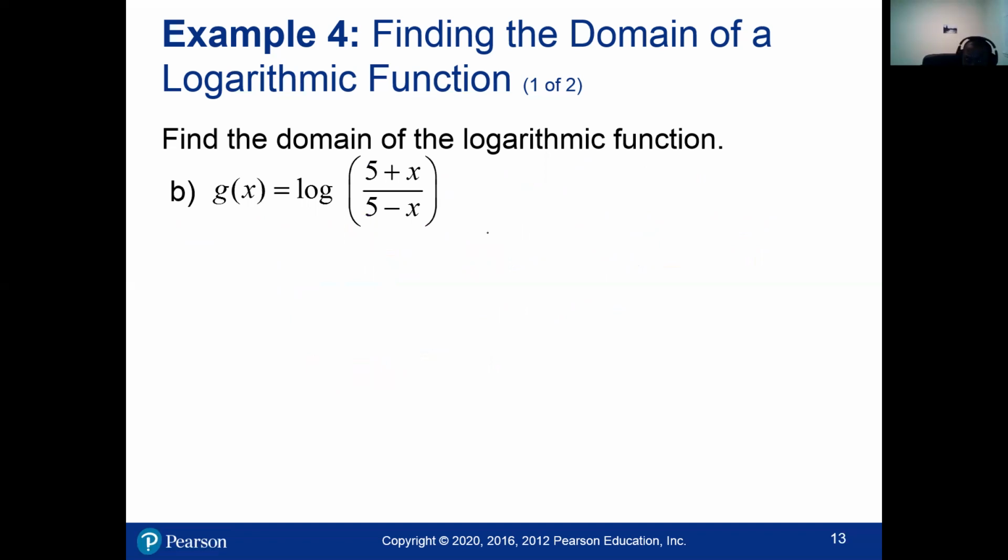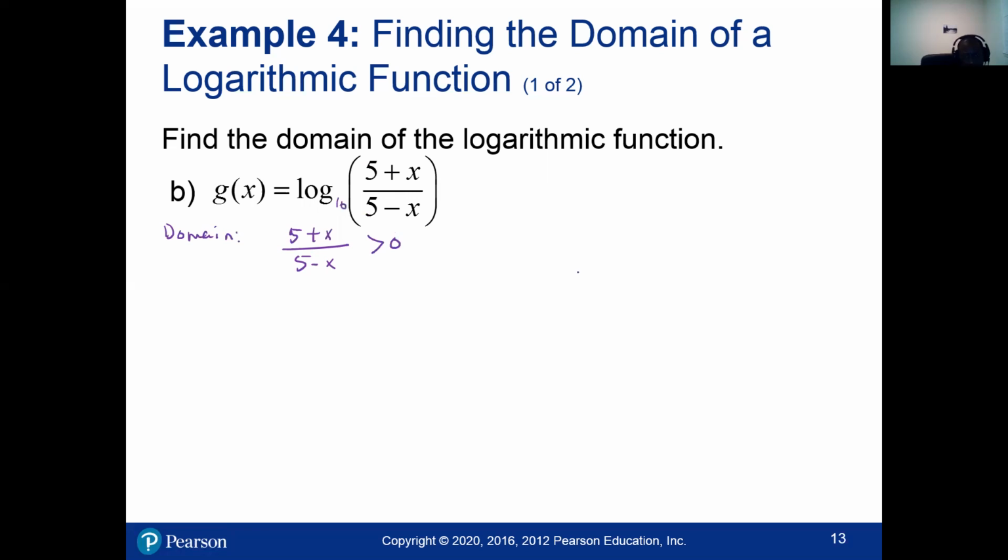Similarly, we are given this log. Remember, this is log to the base 10. So we take that rational expression to find the domain. You have 5 plus x divided by 5 minus x greater than 0.